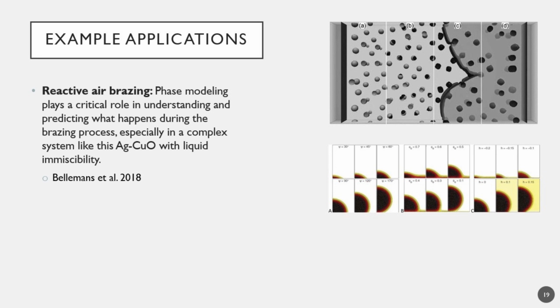And lastly, in row C, we can see the variation in interfacial energy, which controls how easily the phases spread and how they interact with different phases.